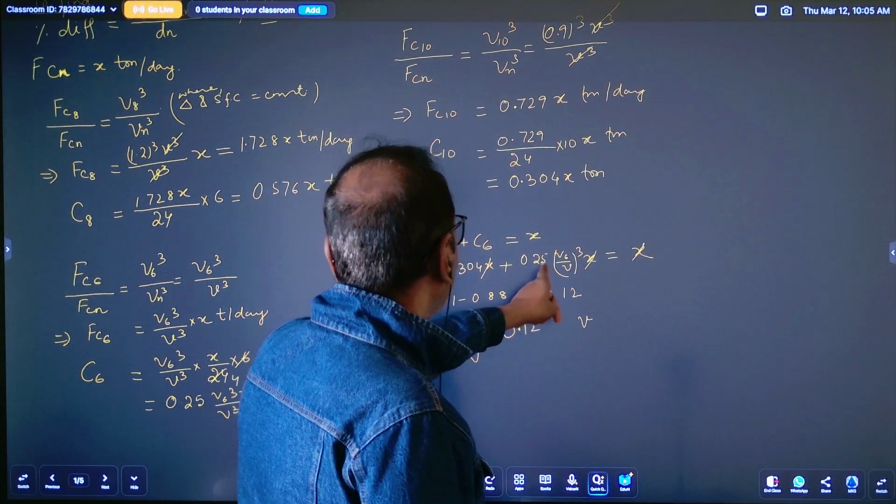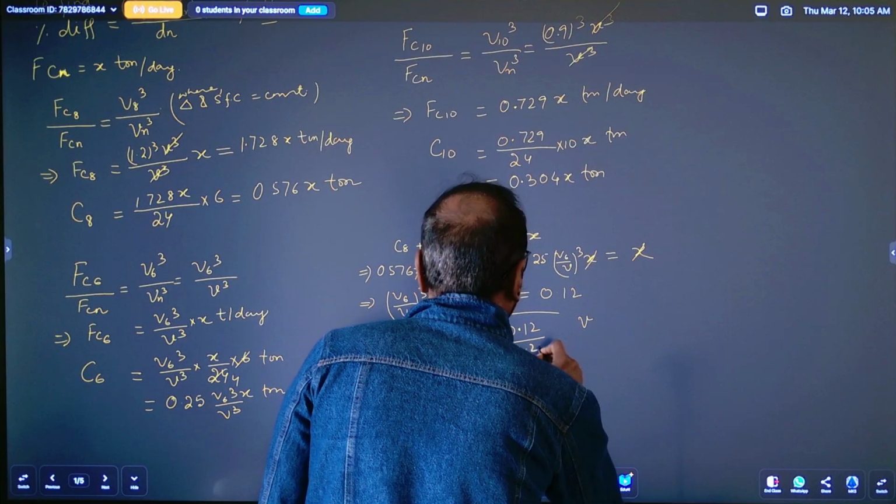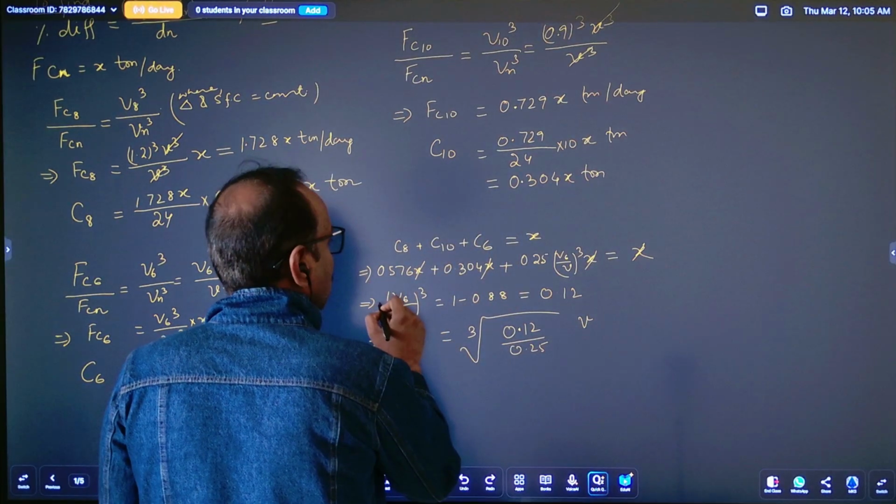Oh, that 0.25 will come over here. We missed on 0.25.